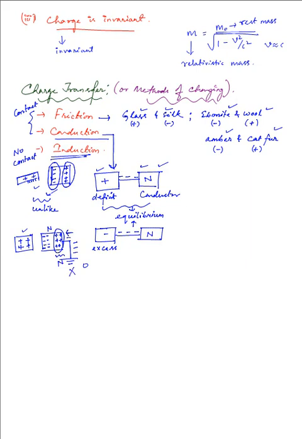And after disconnecting that, what we get is this body which was previously neutral and then had become partially charged, now will acquire only the negative charge in excess, that was not neutralized by any other positive ion.